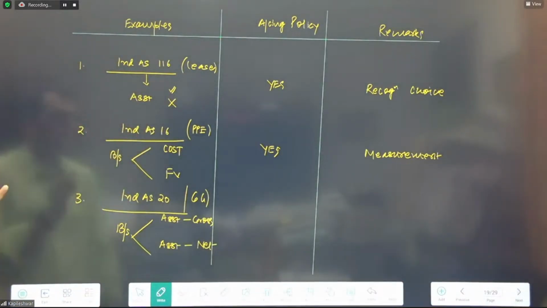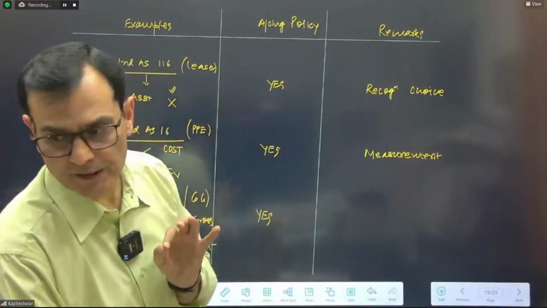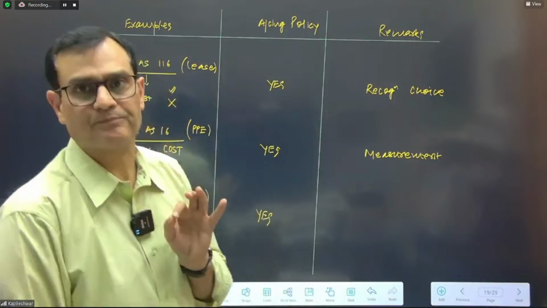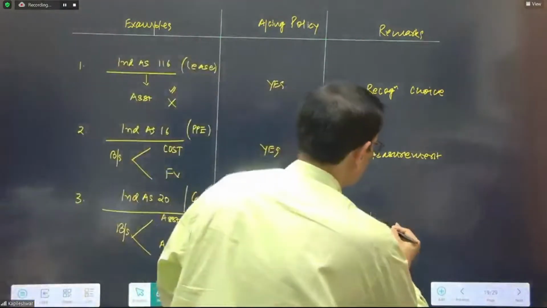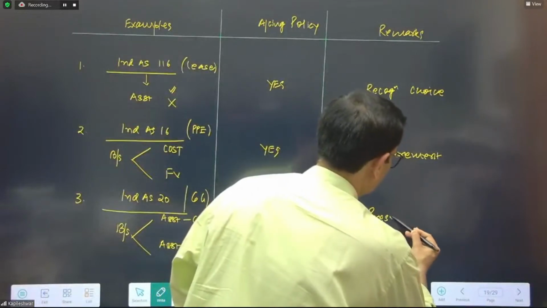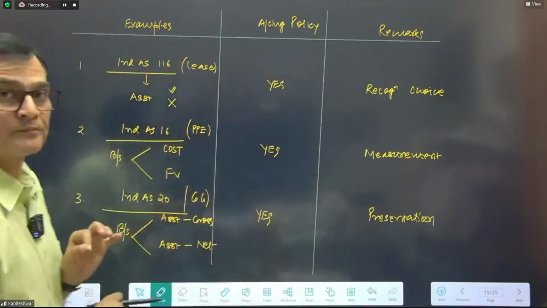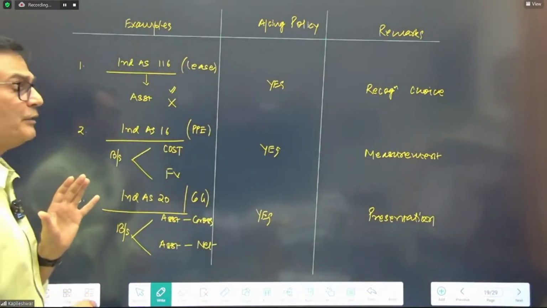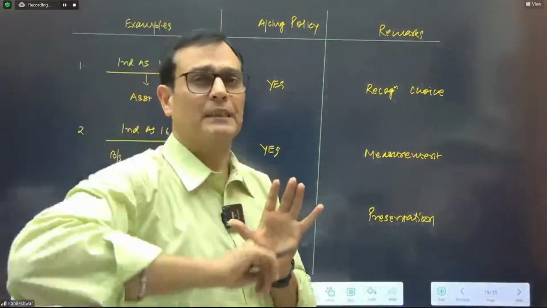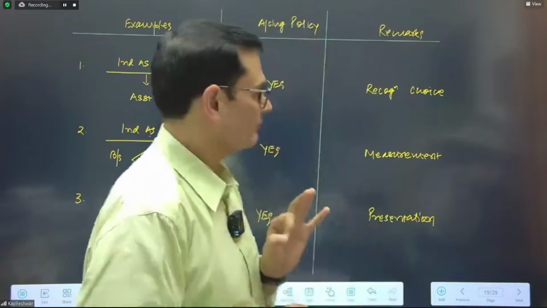In this particular case, is that an accounting policy? Yes, undoubtedly, it is an accounting policy. Superb. And if it is an accounting policy, what is this? This is a presentation choice in the balance sheet, where we're deciding whether it is to be presented at a gross value with a grant as a liability, or presented net in the balance sheet.